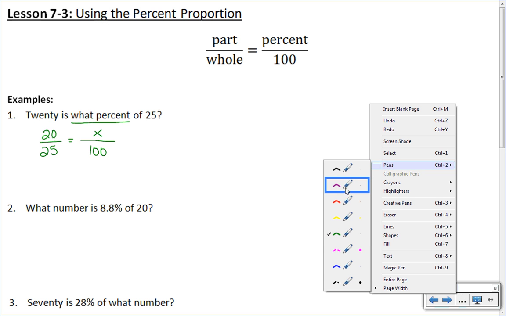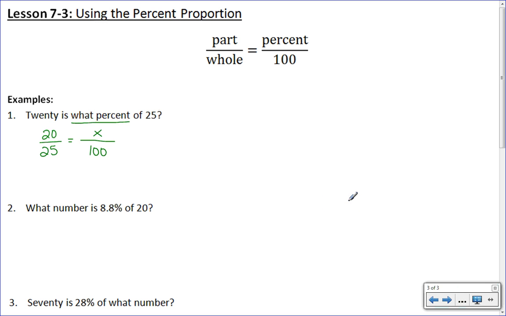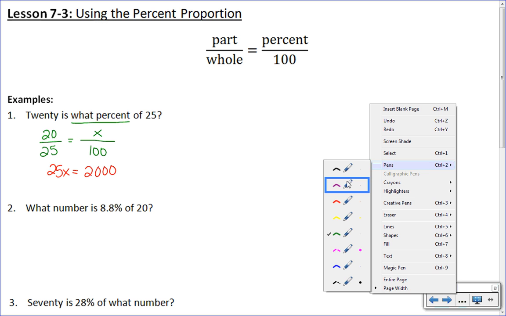Okay, and we solved lots of proportions in chapter 6, so this should be very easy. We're looking at cross products again, so these two give us 25x, and these two, 20 times 100, is 2,000. And then we will divide both sides by 25.